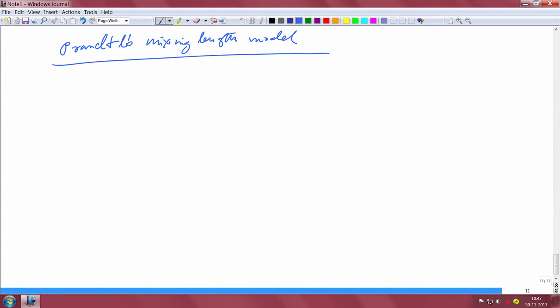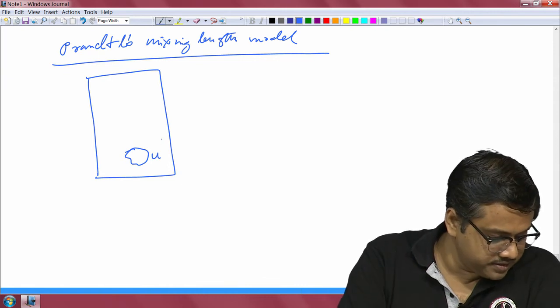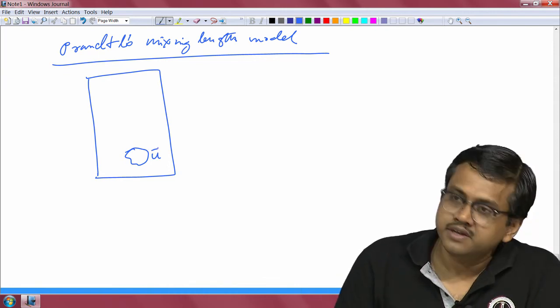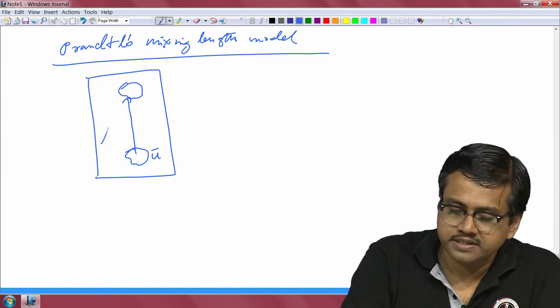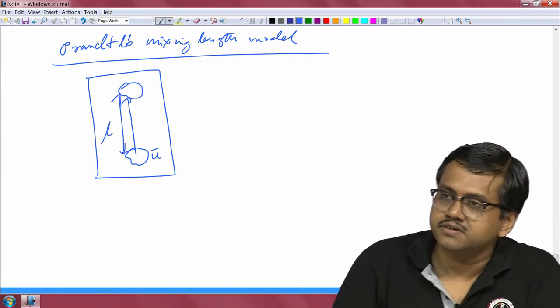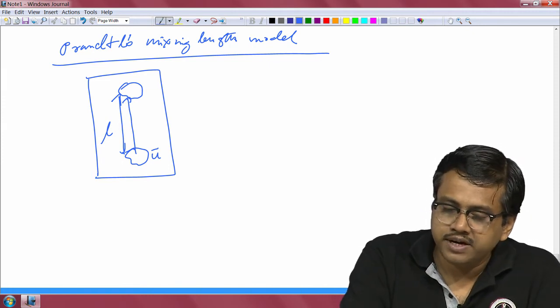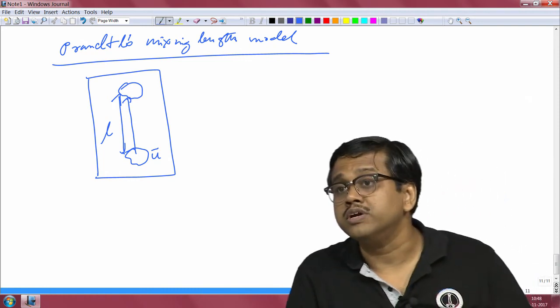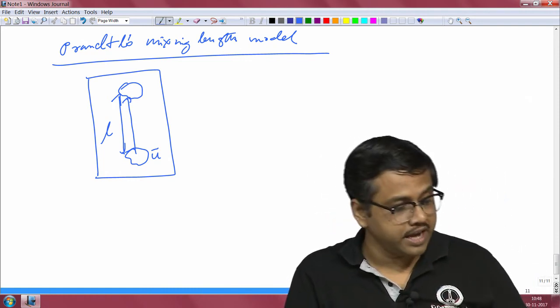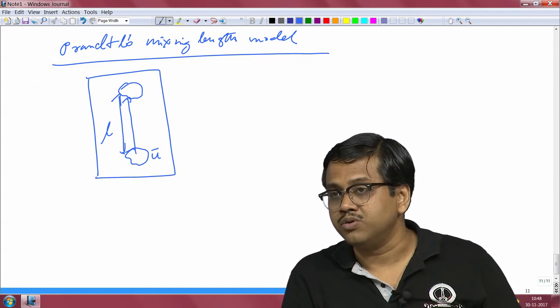Okay. So, what the mixing length model actually says is that suppose you have a blob of fluid, whatever that fluid is, it has got its own velocity, whatever that velocity might be. It traverses a distance L, this is taken as that distance, right. It can travel that particular distance without losing its initial momentum or initial velocity before it actually mixes and gets dissipated into the whole thing.